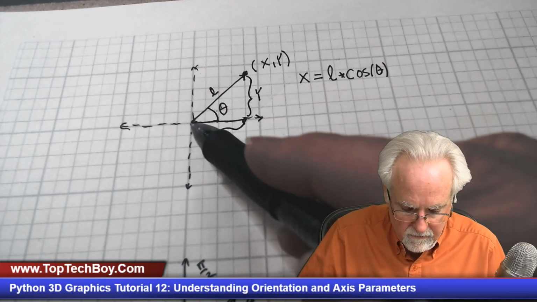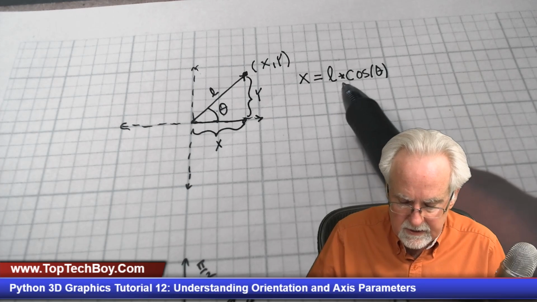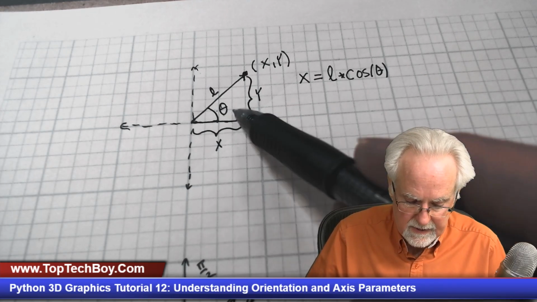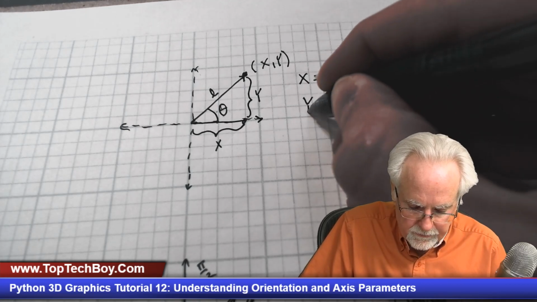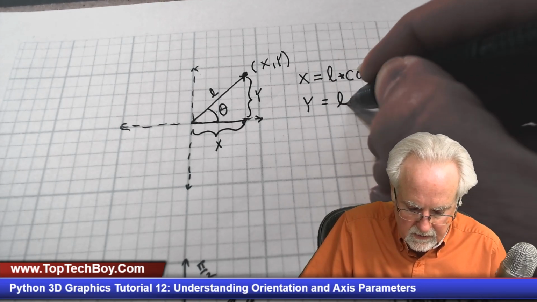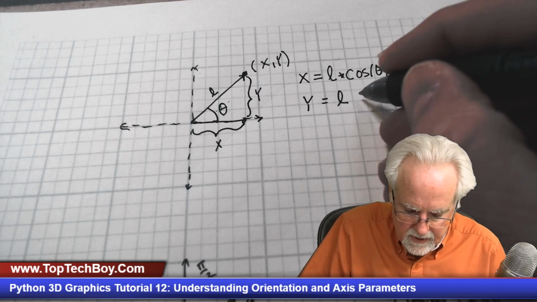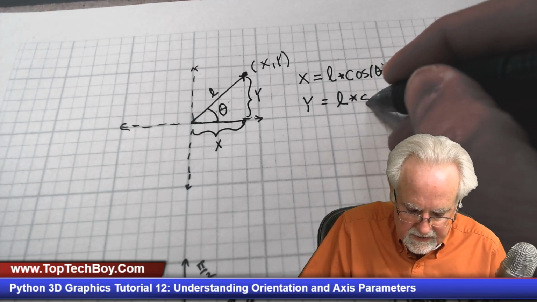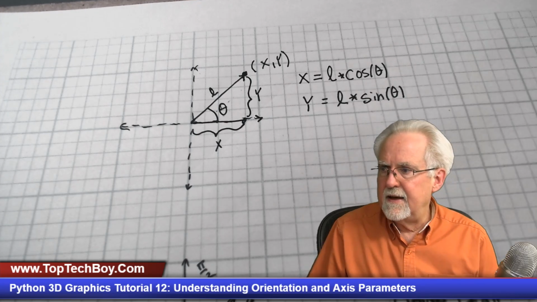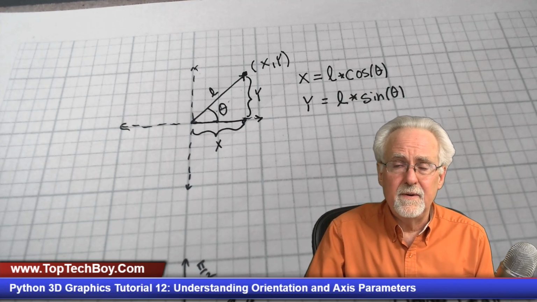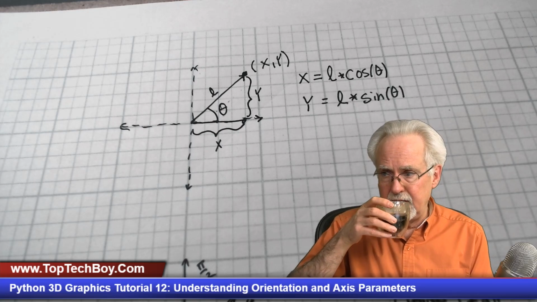So how far over are you? Well, you take L and you multiply it by the cosine of the angle. And then similarly y is equal to the length of the vector times the sine of the angle. And that angle symbol is called theta. Okay, theta, T-H-E-T-A.